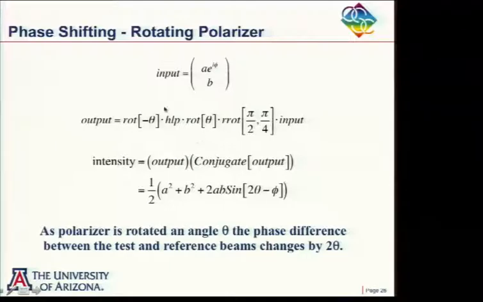My polarizer here, but I'm rotating that by some angle theta, so I put that between my 2 rotation matrices. And so that gives me my output, and I want the intensity, so I take the output times its complex conjugate. And so I'm going to get something down here that could be a sine or a cosine, but a sine here, the way I've written it, with a phase in it that I want, and a phase here that is changing by twice the angle that I rotate my polarizer.